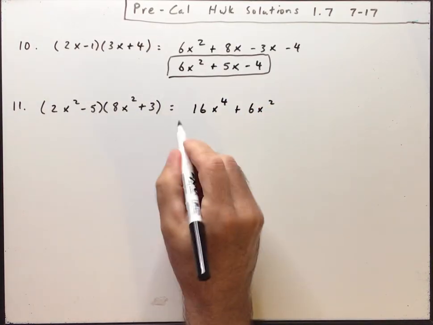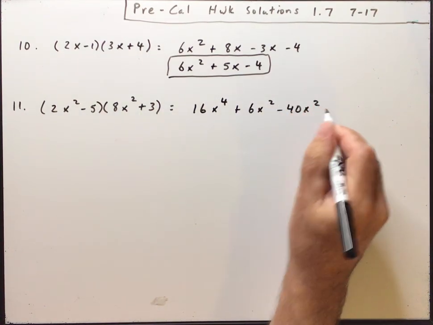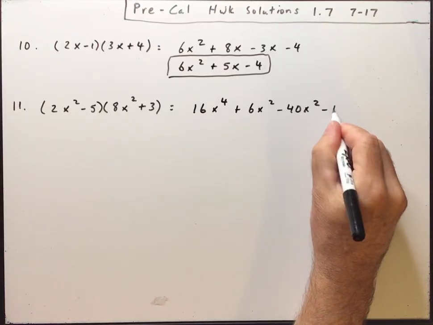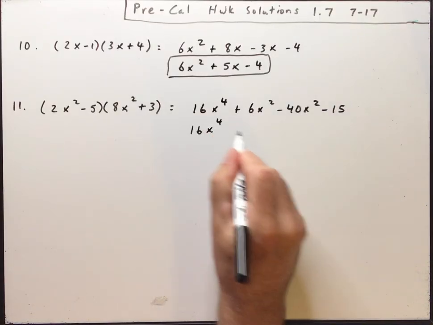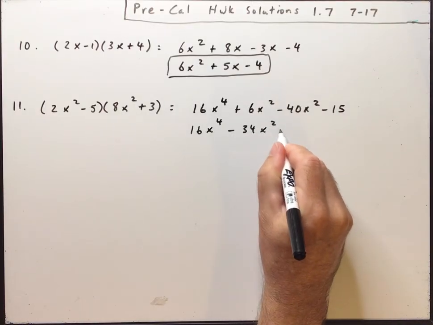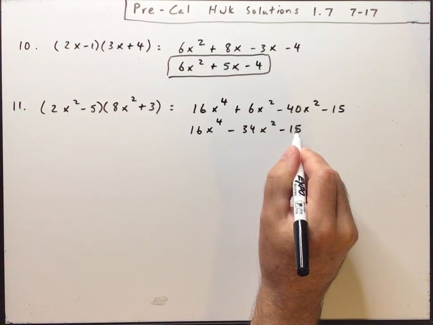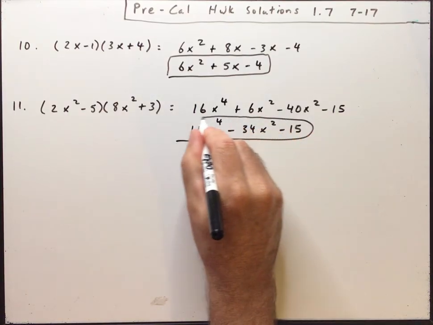The inner term, minus 5 times 8x squared, would be minus 40x squared. And then the last would be minus 15. We'll combine those middle terms: 16x to the fourth minus 34x squared minus 15. All right, brill.